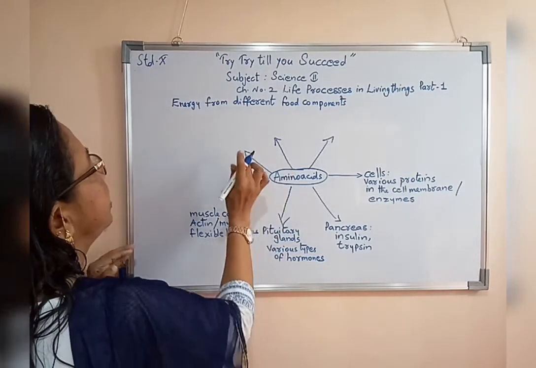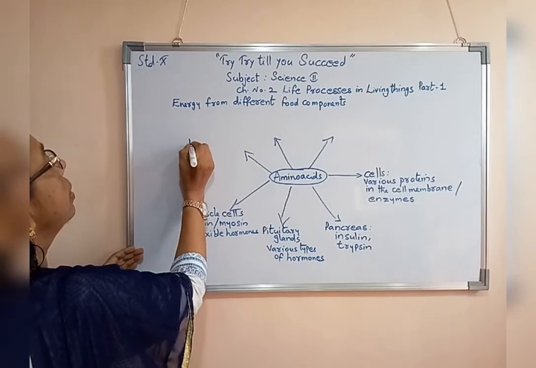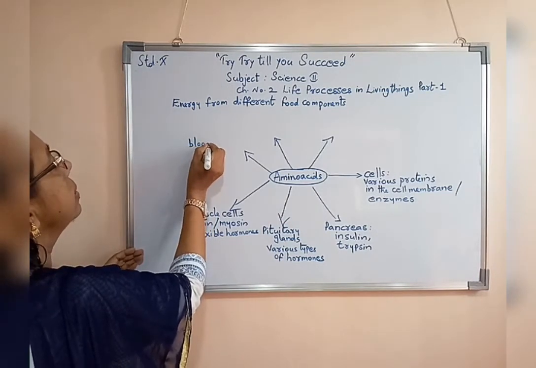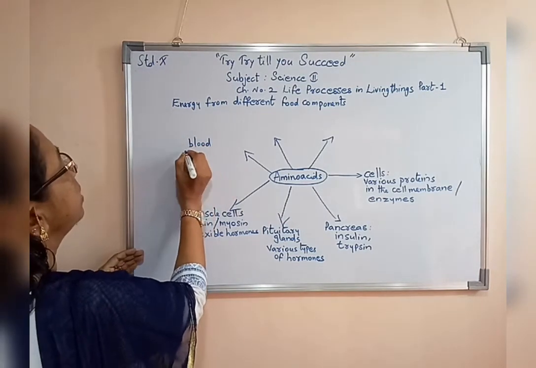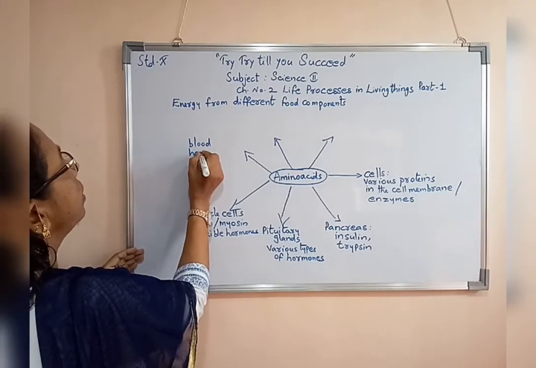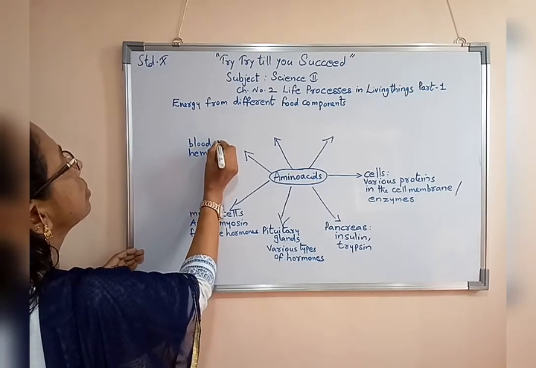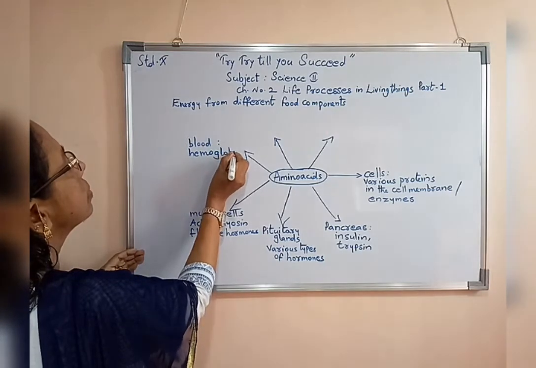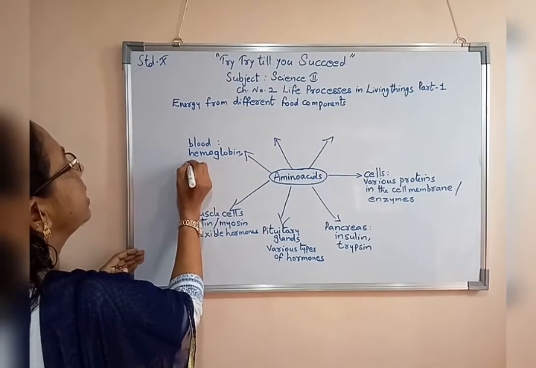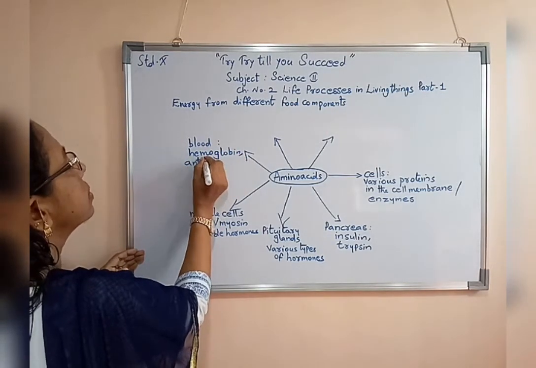After that, amino acids reach the blood. There it produces hemoglobin as well as antibodies.